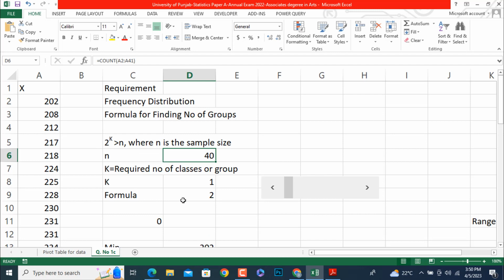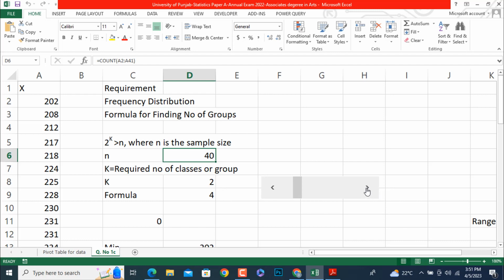So the formula here is 2 raised to the power k. Here I made a scroll bar. Look at this cell, D8. When I move it, you will see that the value of k jumps from 1 to 2, and as a result of the formula the value is 4.